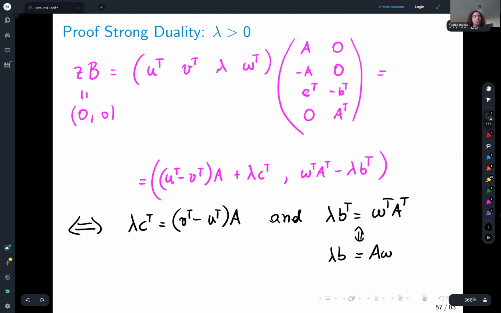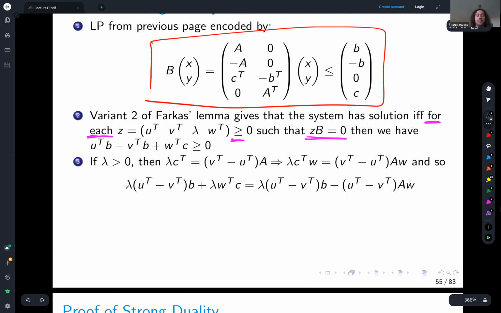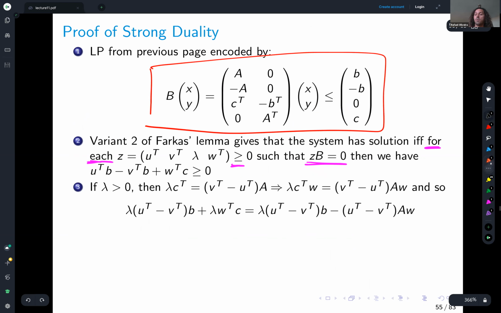Okay, so far so good. I'm just writing what it means to have ZB equals 0. So we have these two equalities. All right, so if we go back, this is one of the equalities that we proved.